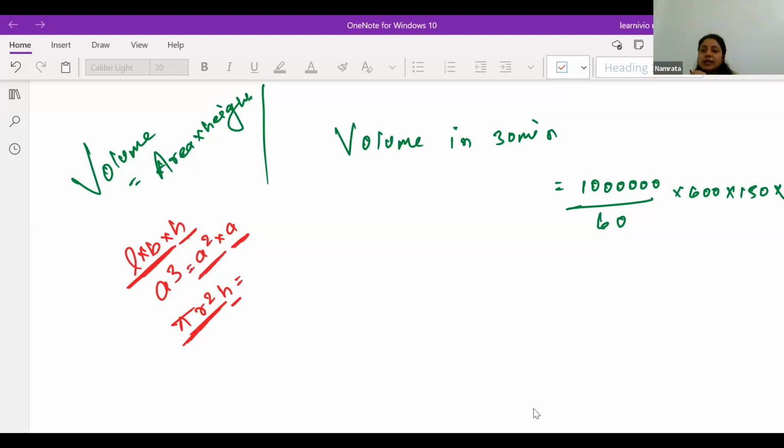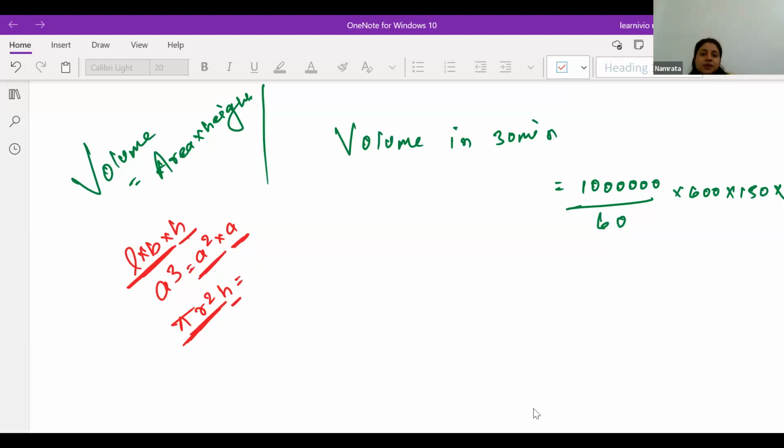So from there it came out that the concept of volume came from area covered times height. From here only each and every volume formula came out, and this formula only we are going to apply now.